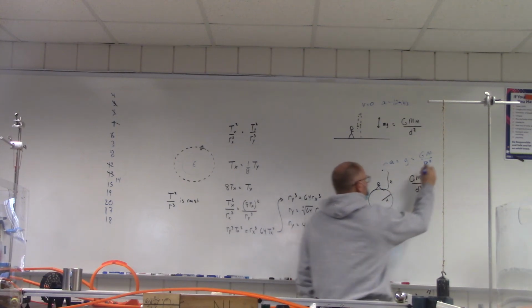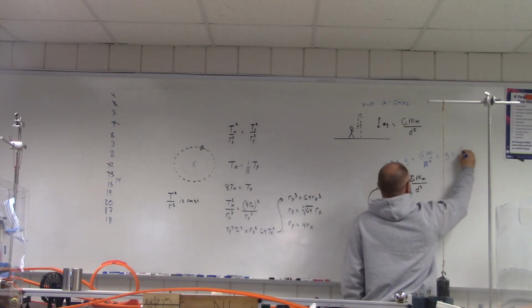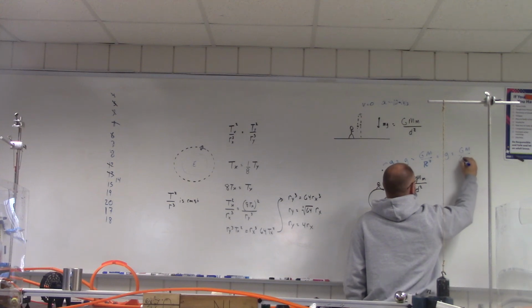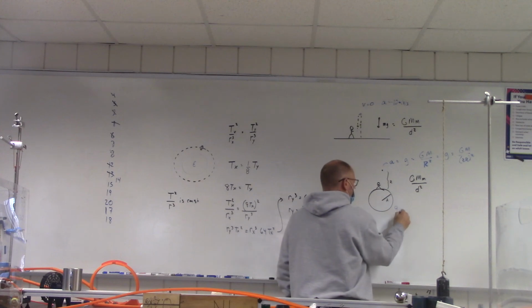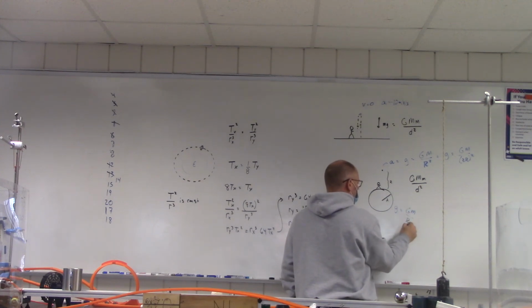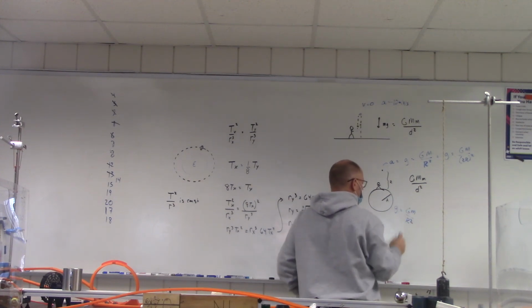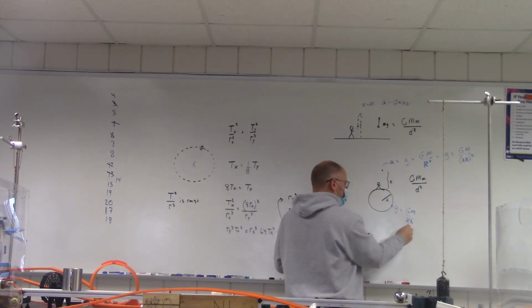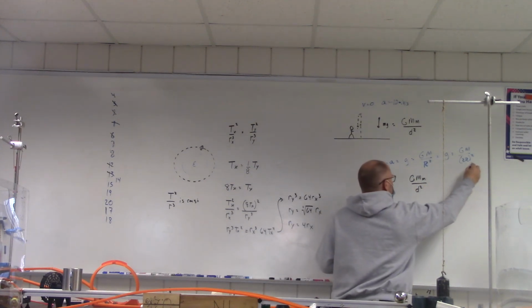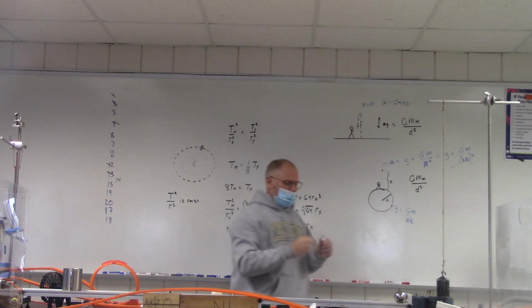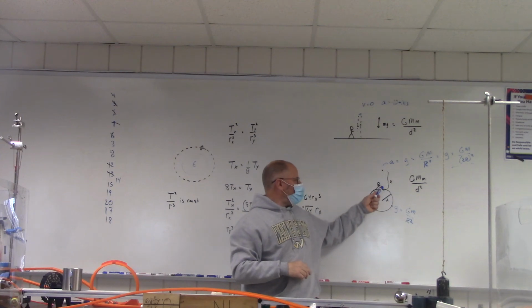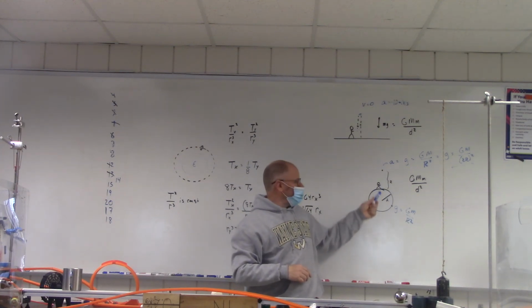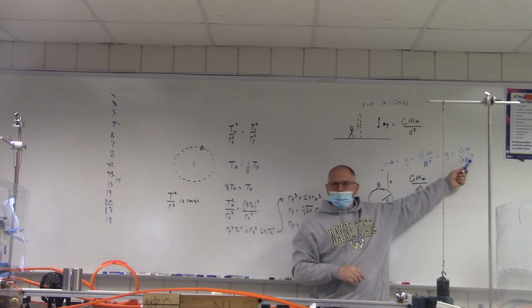So in this case in particular, the g value would be equal to Gmm all over 2r squared, where this is at the surface, and this is at its maximum height that is twice the radius. So we're going to compare these two. Since you got 1 radius off the surface, your actual distance from the center is 2r. So I put 2r there in the bottom.